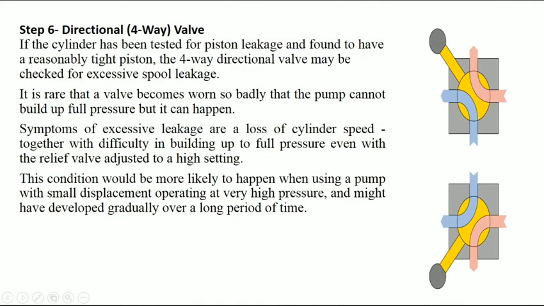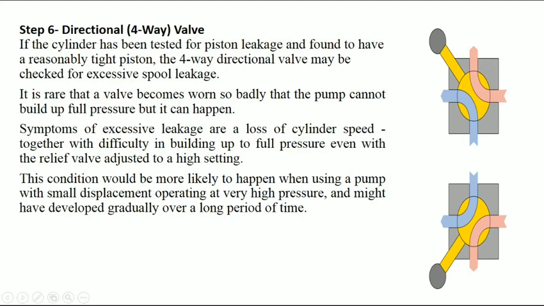The last cause may be the direction control valve. If the cylinder has been tested for piston leakage and found to have a reasonably tight piston, the four-way direction valve may be checked for excessive spool leakage. It is rare that a valve becomes worn so badly that the pump cannot build up full pressure, but it can happen.